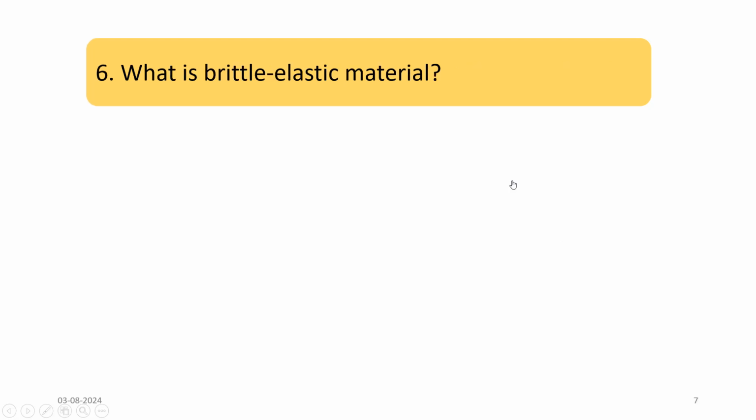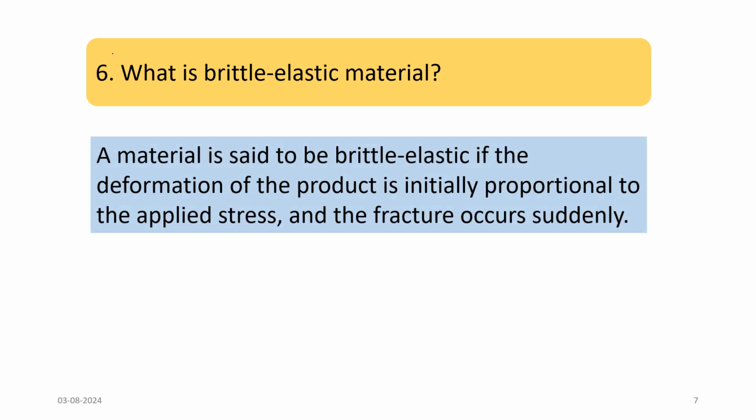Next question, what is brittle elastic material? The answer is a material is said to be brittle elastic if the deformation of the product is initially proportional to the applied stress and the fracture occurs suddenly.